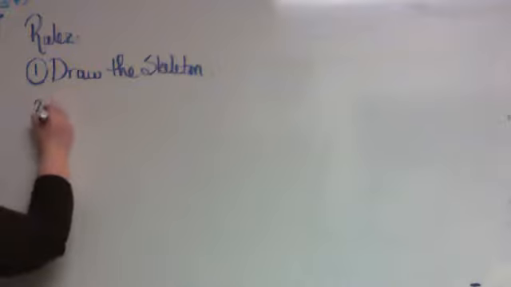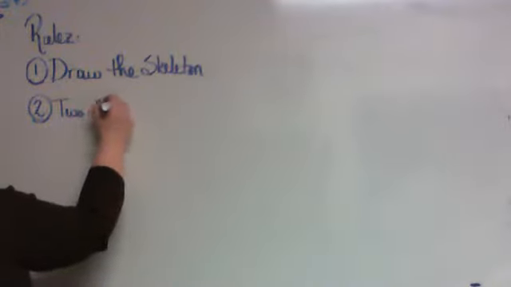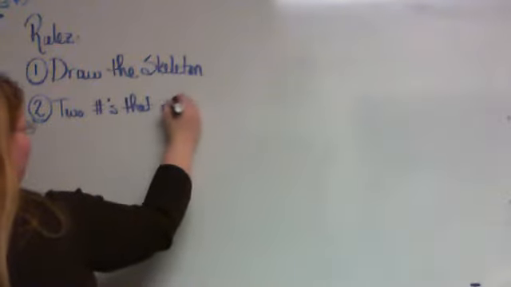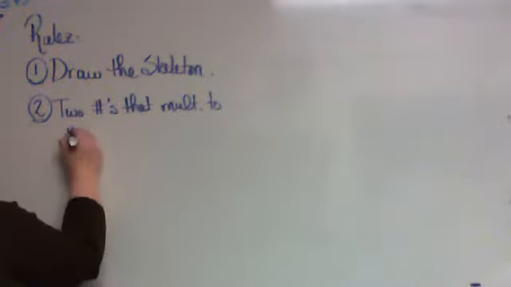That's what number 1 is. Number 2: two numbers that multiply to get the first term.